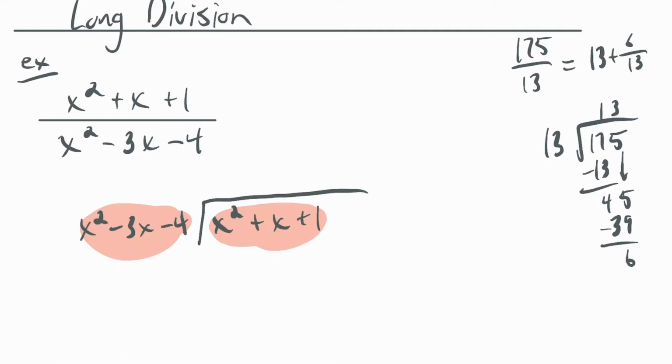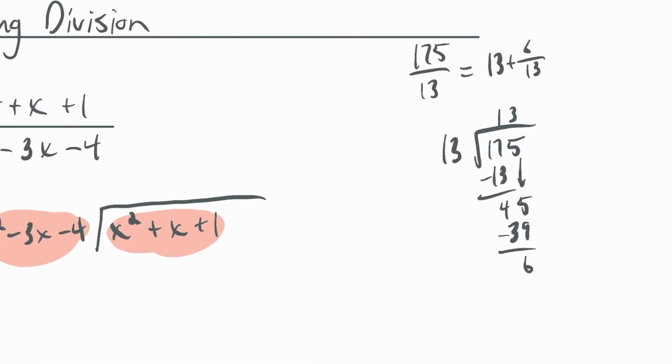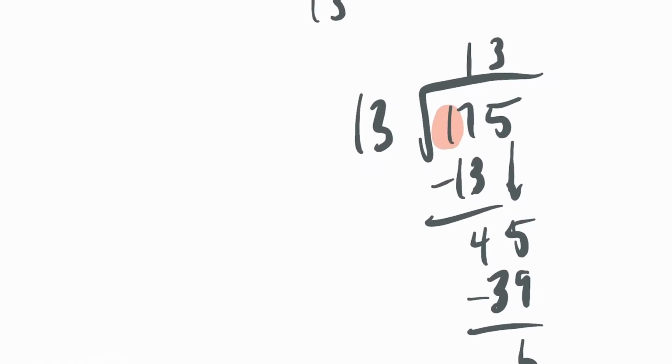Just like over here, I'm trying to eliminate the 100 by subtracting enough copies of 13 to get down as small as I can, basically. I don't want to say, oh, well, I can only subtract 0 of them, so I still have 17. No, I'm going to subtract as many as I can to get rid of that 1 if possible.